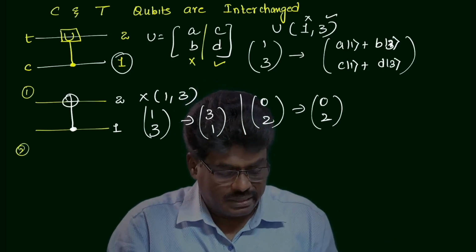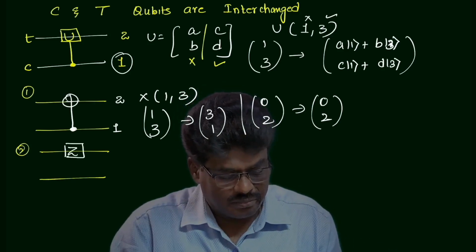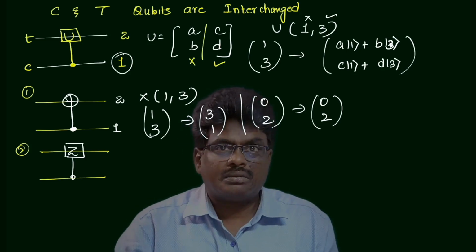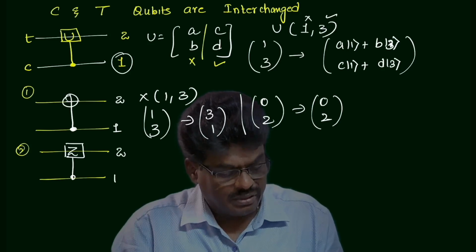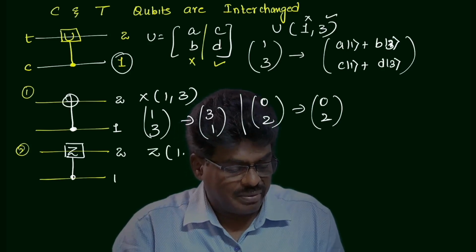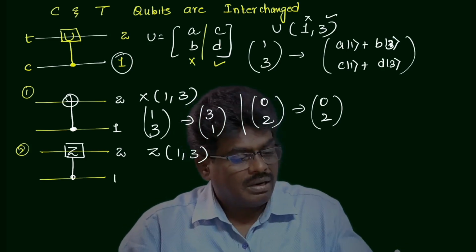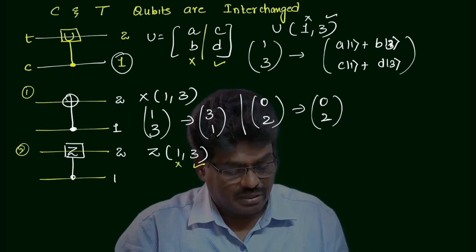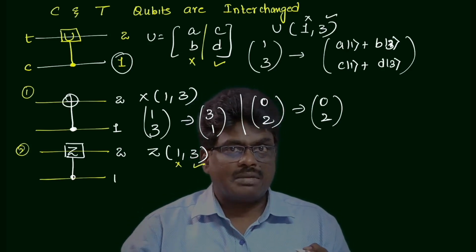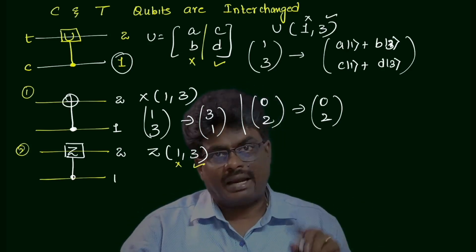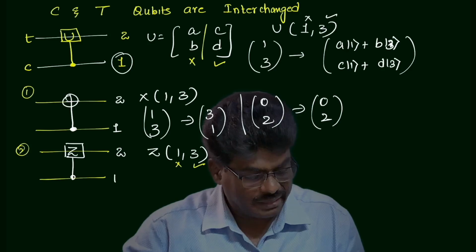And let us take the second. Here you have a reverse control Z gate, that means the target and control bits are interchanged. Here 1 and 2, so same thing, starting from 1 going to 2, 1 plus 2, that is 3. And you know this is off and this is on. You know the Z operation already. Off state means no change, on state means add the phase of pi, that is -1 will be added.